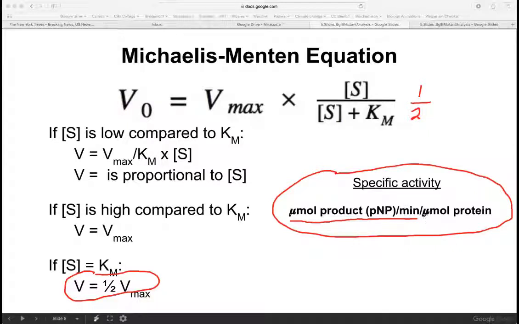And then this just goes a little bit further and corrects for the amount of enzyme that is in the assay. So micromoles product formed per minute per micromole of protein. That is the parameter that we're going to be measuring. The raw data is going to be, once again, slope, which is change in absorbance, but we're going to convert that to a specific activity.